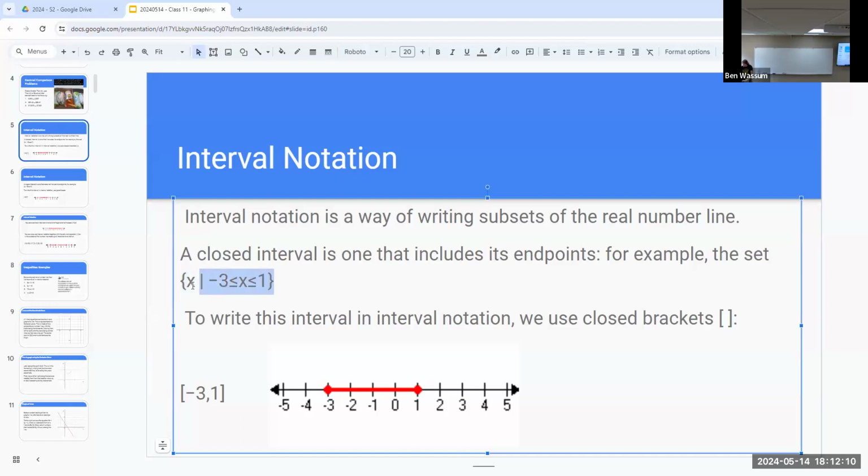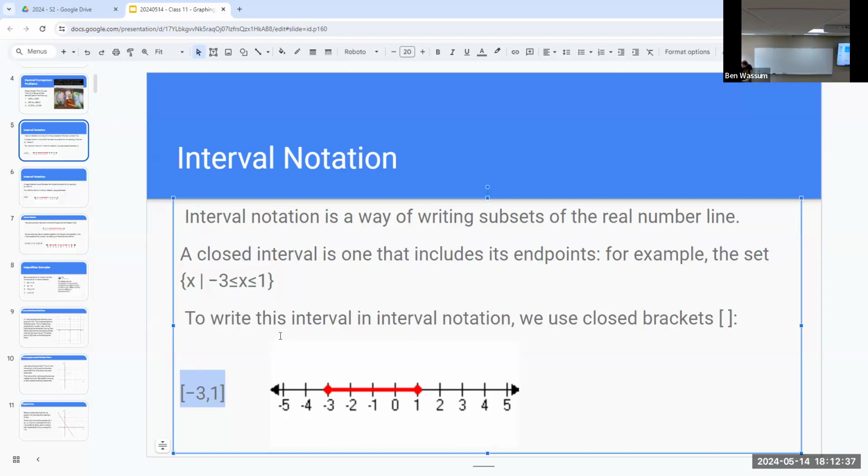So if you have a set of values of x such that -3 is less than or equal to x is less than or equal to 1, we can write that in a way that's less confusing, which is great because I'm not huge on set builder notation. So this might look confusing, but I would much prefer this guy right here.